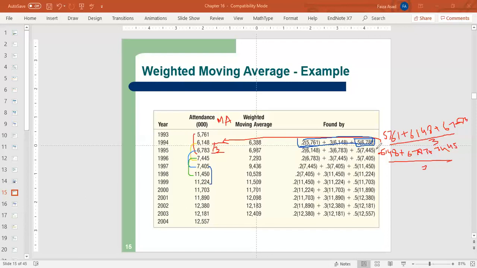This also works in the same way as we have done before. The one difference is that we will multiply the weights with the values and then move with the gap of 1 year, or the next consecutive 3 years.